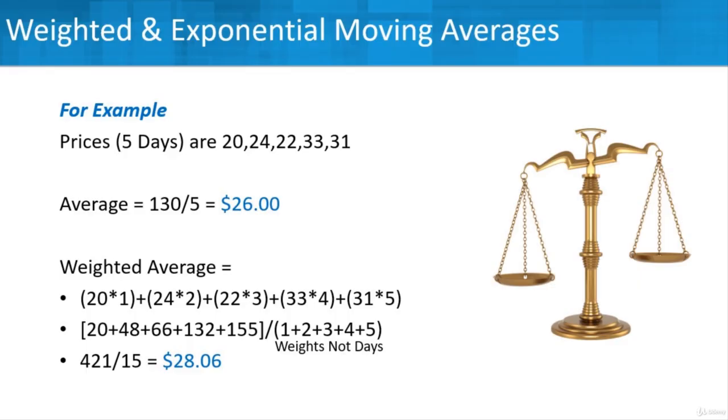Then you divide not by the number of days, but by the sum of the weights, 1, 2, 3, 4, 5. If it was 20 days, it would go up to 20 different weights. Mathematically, you would weight the more recent time by dividing 421 by 15. That shows our weighted average would be 28.06 to be exact.